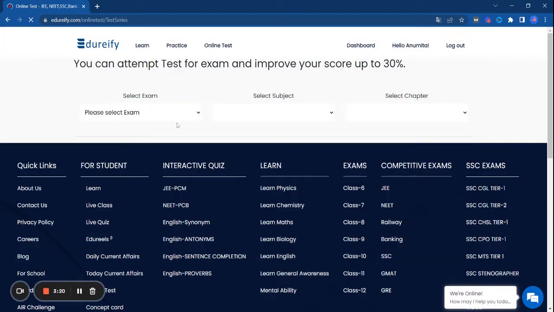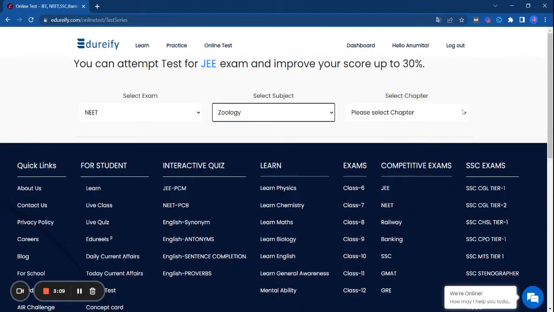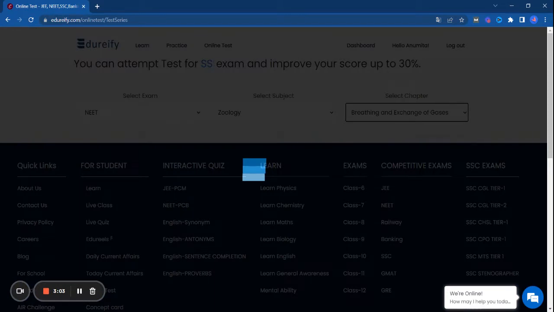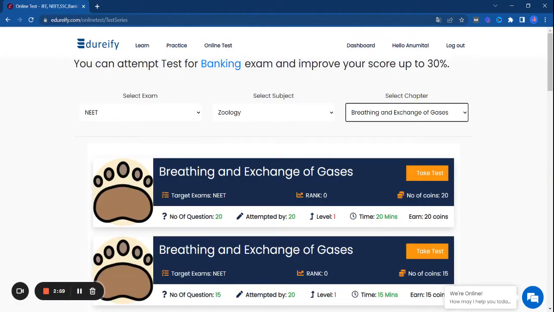Exam, it's NEET. Subject: biology, physics, chemistry, zoology, whichever you want to revise first, choose that, and here you will get the chapters. So Breathing and Exchange of Gases we are taking today. So these are the tests. Let's begin.